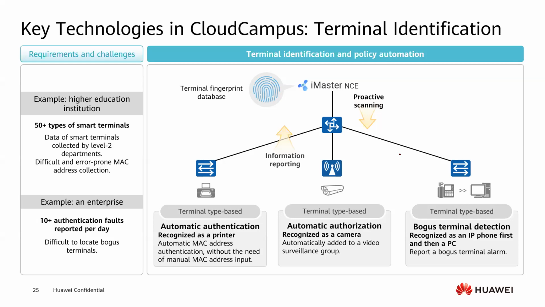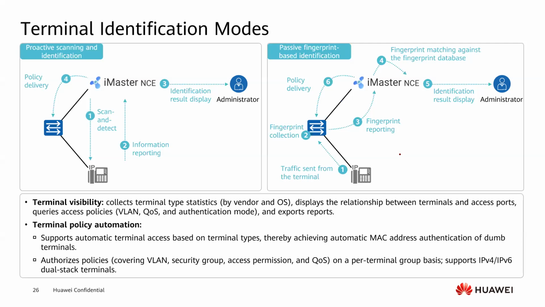And there are two modes for the controller to do the terminal identification. One is the proactive scanning and identification. In this mode, the controller proactively detects or scans the terminals and identifies the terminal types based on the fingerprint information of the terminals.